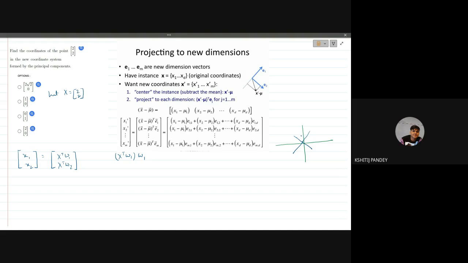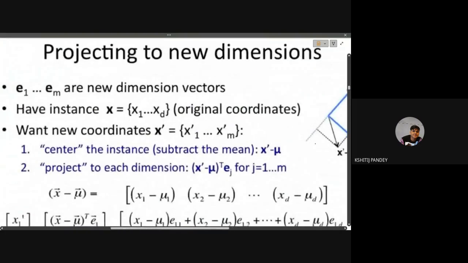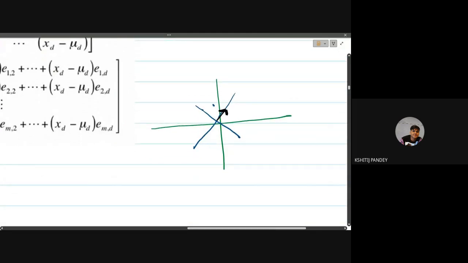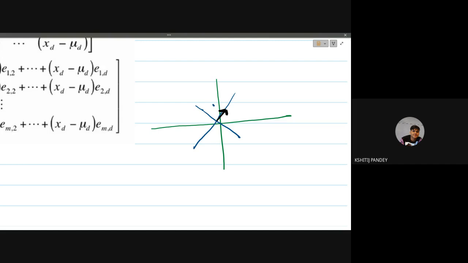You are taking the projection on PC1, so the vector you will get is this, and this is the length of the vector. Is that clear? Or do you want me to draw a bigger diagram? Okay, let me zoom. So this is the length along that PC, and on projecting on PC2, this is the vector you get. These are the two vectors.